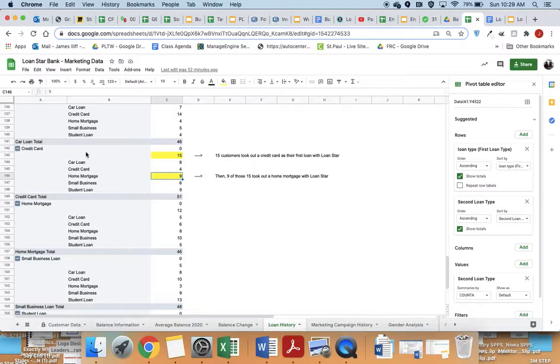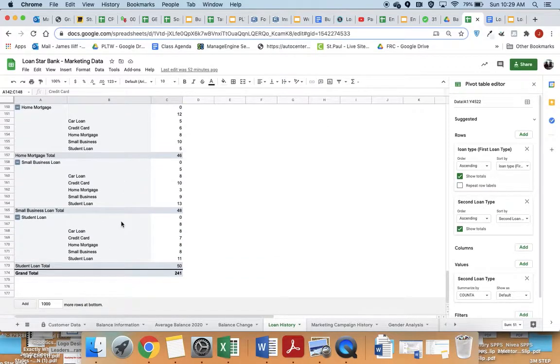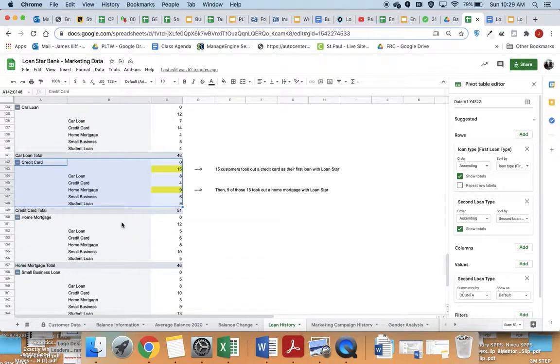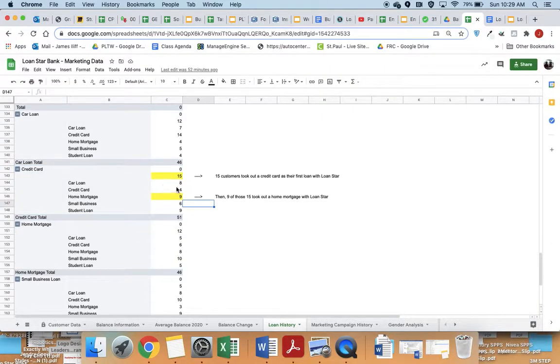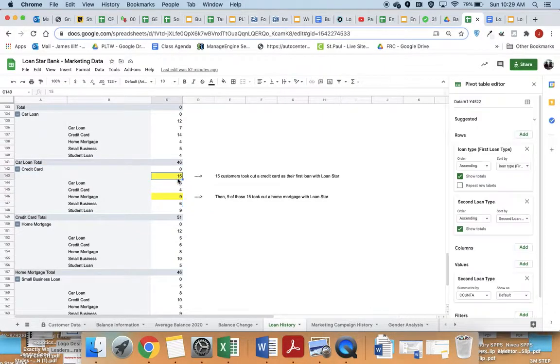So you may be able to, as a marketer, glean some strategy out of this. Like, hey, if I notice a trend, and I'm guessing at this, don't take my word on this, but let's just say that, wow, I just found out from the data that a lot of our customers are first taking out credit cards, then taking out home mortgages. Wow.